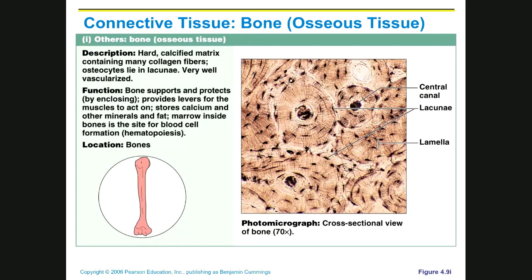Now if we look at this bone, this is dead bone. Somebody dug this up out of a grave or something. It's dead. There's no cells in it at all. They're all gone. All that's left is the matrix. So they dug it up, they ground it down until it was very thin, and then they poured ink on it.